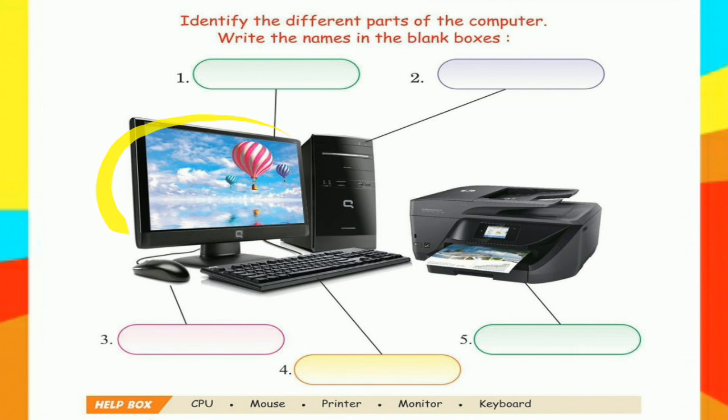We see everything in the monitor. Then here we find the mouse. We can tell the computer what to do. Then keyboard. The keyboard is also an input device. We add information and type something with the help of a keyboard.